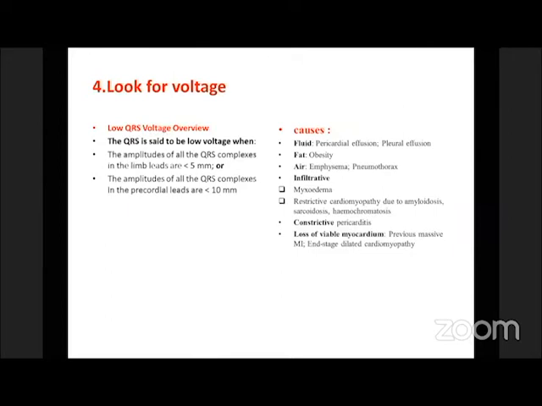The causes could be fluid, like pericardial effusion or pleural effusion, or fat, obesity, or sometimes air, emphysema, pneumothorax, infiltrative causes, myxedema, or restrictive cardiomyopathy, constrictive pericarditis, and so on.